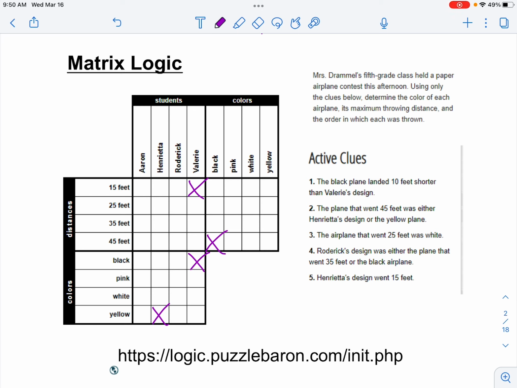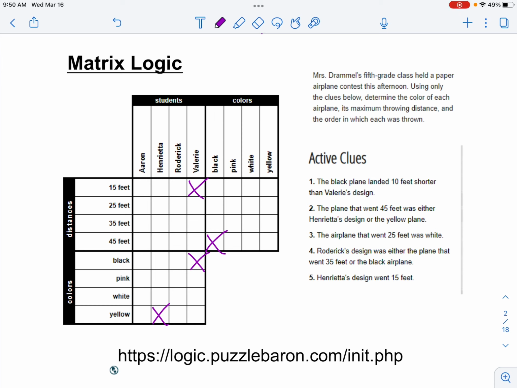Now you don't know which is true. We can't say yet that Henrietta's must be 45 or the yellow must be 45, because one of them is true and one's false. So we can't pick and choose right now. We'll circle back to that one later; it will reveal more information to us.